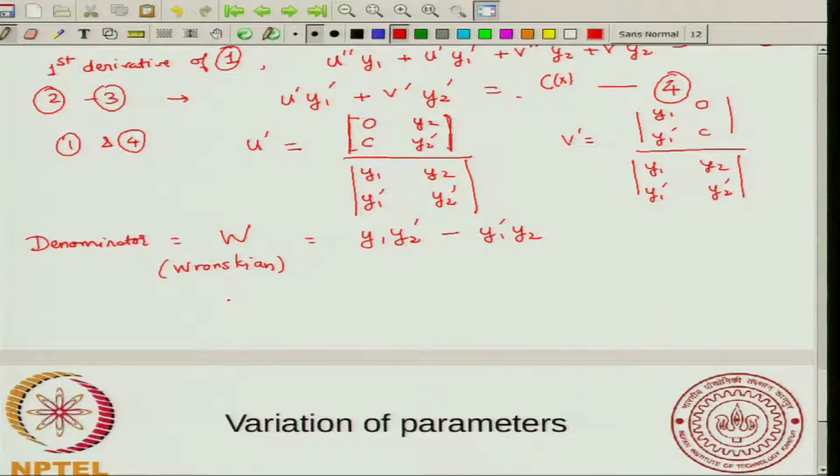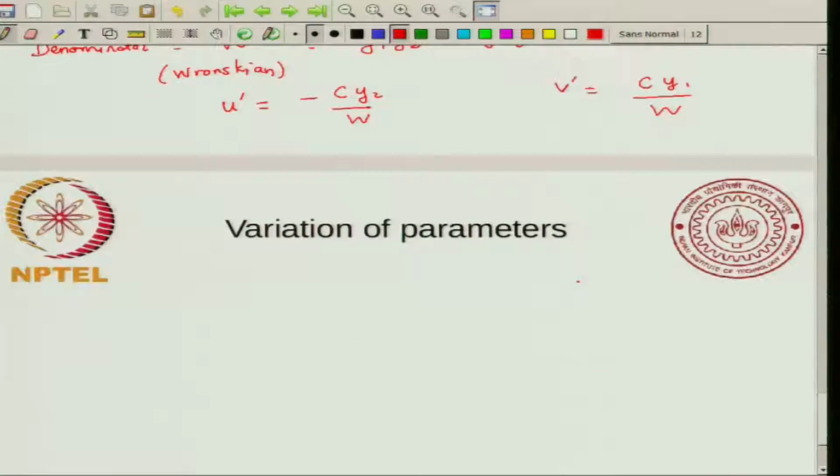So u prime is equal to minus c y2 by w and v prime is equal to c y1 by w. And so what variation of parameters gives you is u equal to the integral of minus c y2 by w dx and v equal to the integral of c y1 by w dx.